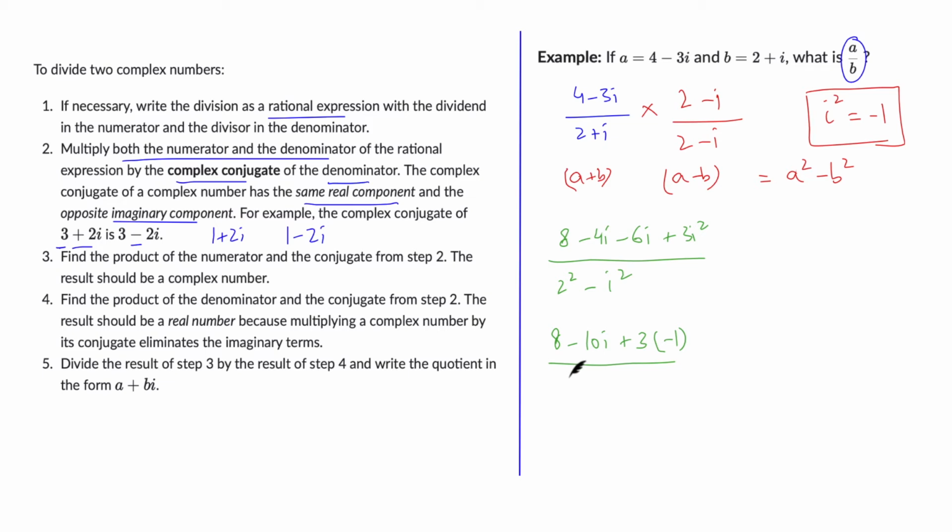Over 4 minus, replace i squared with minus 1. You see, now we don't have any i in the denominator. That was the plan. So the answer is 8 minus 10i plus 3, we have 5 minus 10i over 4 plus 1, which is 5. You can simplify this as well. Divide this entire expression by 5 and we will be left with 1 minus 2i. This is our answer.